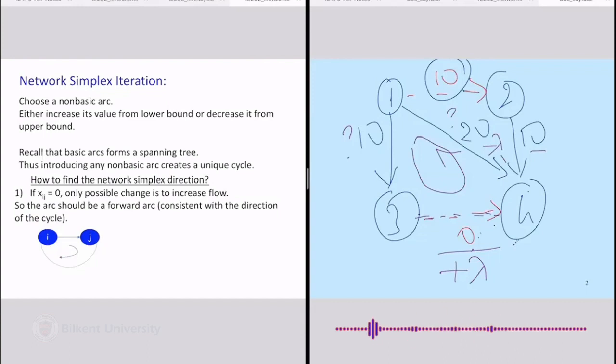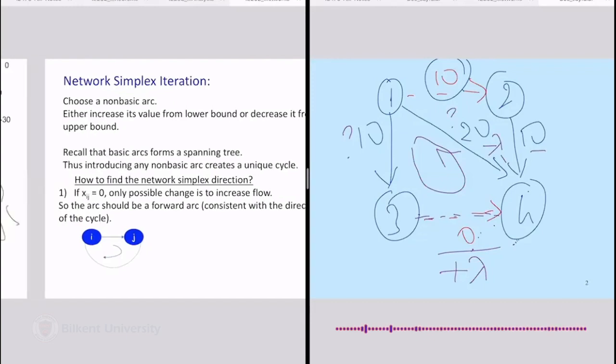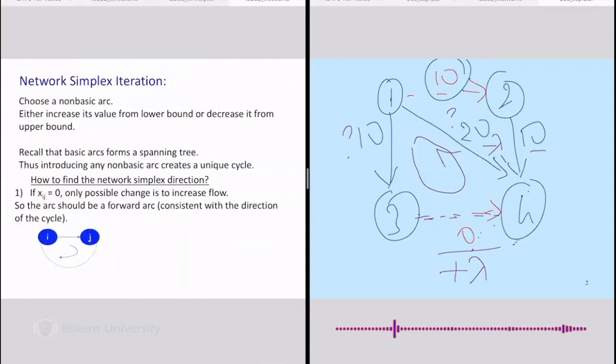Okay. Now let's look at the flow balance of node 1. Now node 1 can send 40 units. If it is sending 20 minus delta over this arc, this 10 is not touched because it's not in the cycle. This part should be sending 10 plus delta, so that overall it will send 40 units, the flow balance. And then 3 will have 10 plus delta, 10 will remain in here, and delta will go to 4. So my flow balance will be satisfied.